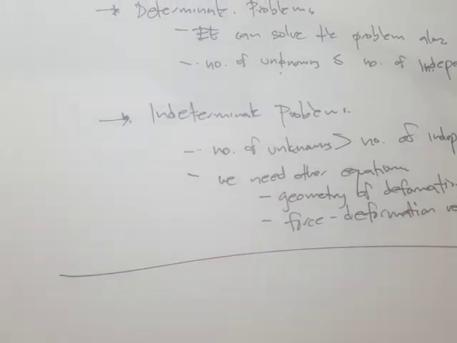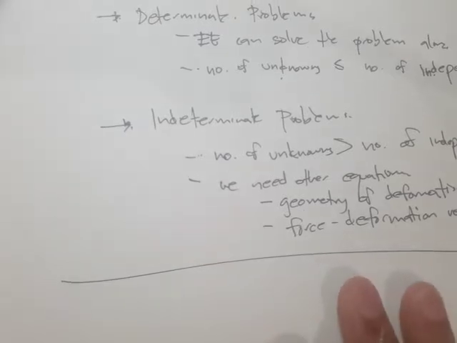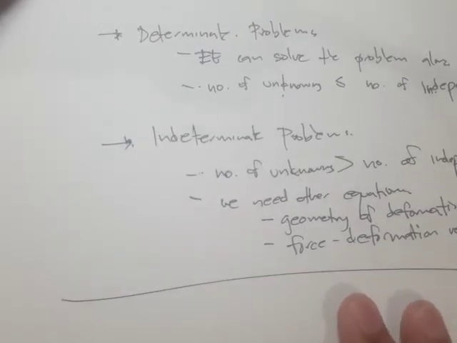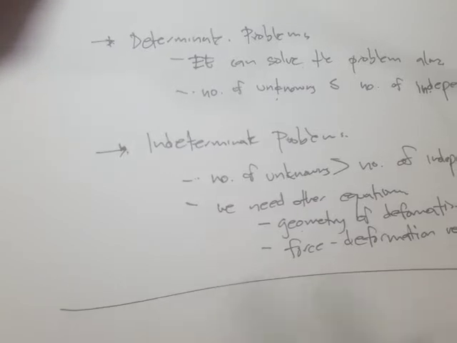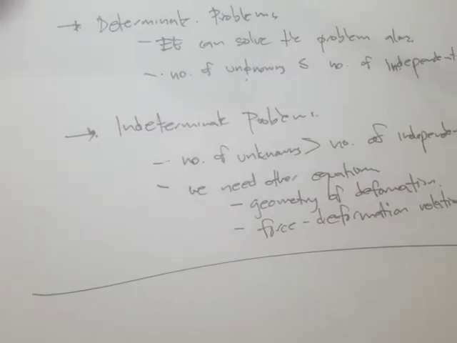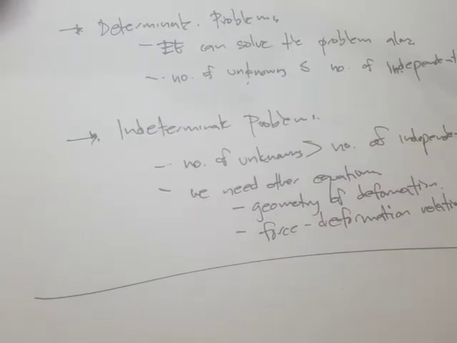There are conditions already given in some texts about beams, frames, or trusses. How do we know if the beams, frames, or trusses are determinate or not? It's also written in our lecture handouts.